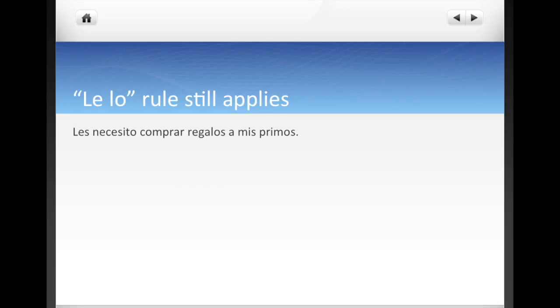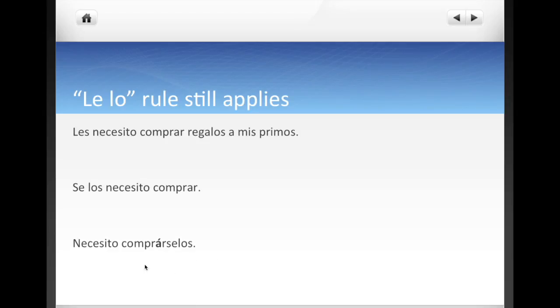So here we have a sentence. Les necesito comprar regalos a mis primos. Well, if we write it and place the object pronouns in front, we have se los necesito comprar. Los taking the place of regalos.